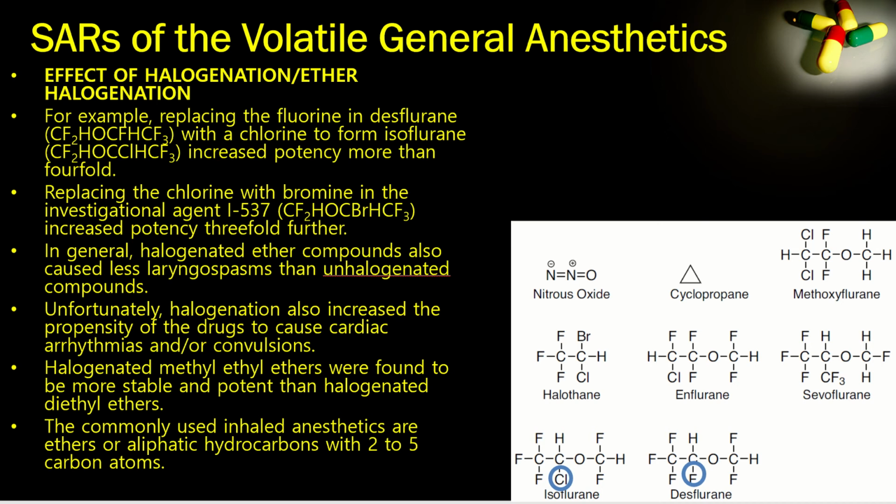So that is significant. And going even further, replacing the chlorine with bromine in the investigational drug increased the potency 3-fold further, right? And so that is some interesting research.